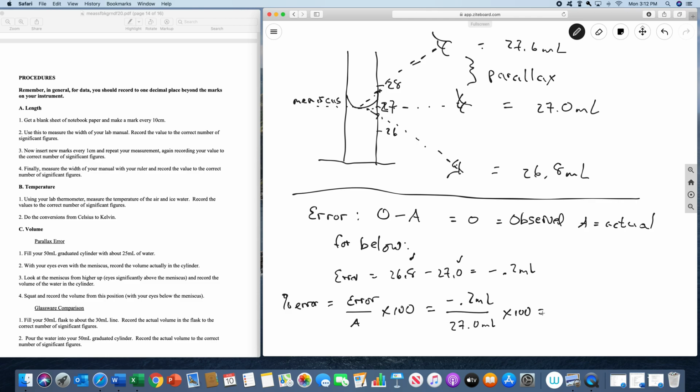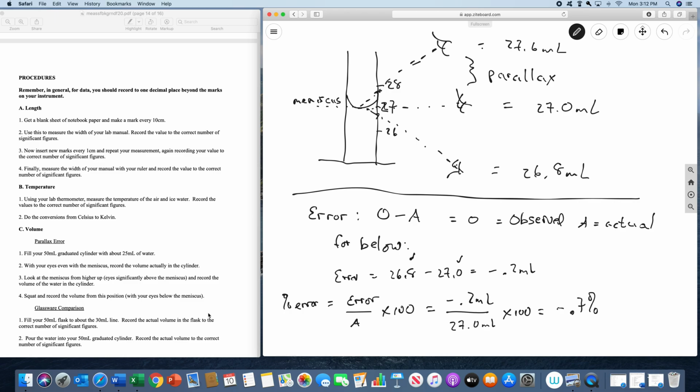So 0.2 divided by 27.0 is negative 0.7. So I'm negative 0.7%, which means I'm 0.7% low. All right, so that's how you do that, and that's error calculations.